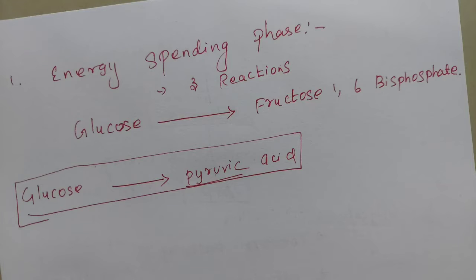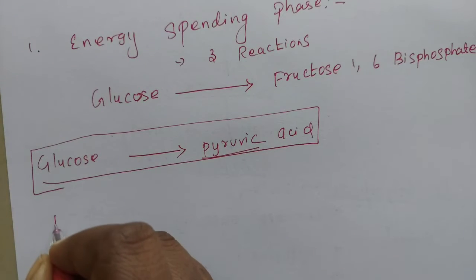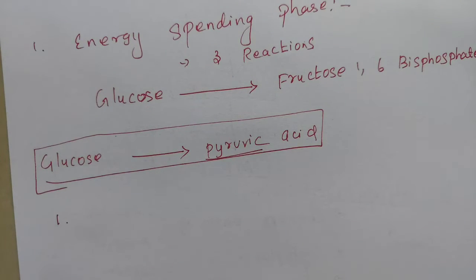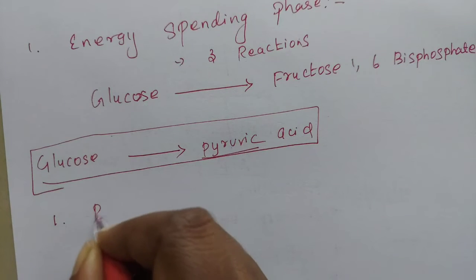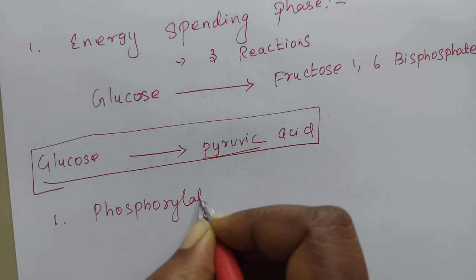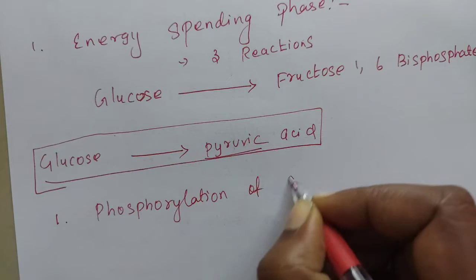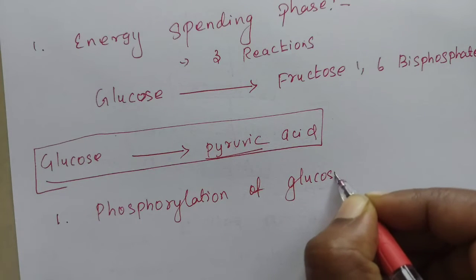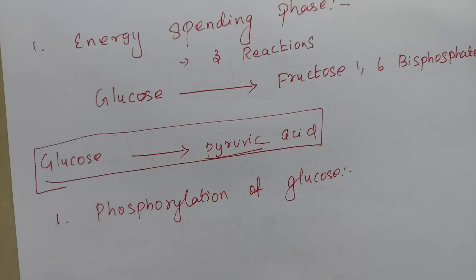Now we'll move to the first one. The first step of the energy spending phase, we call it phosphorylation of glucose. So what is phosphorylation of glucose?